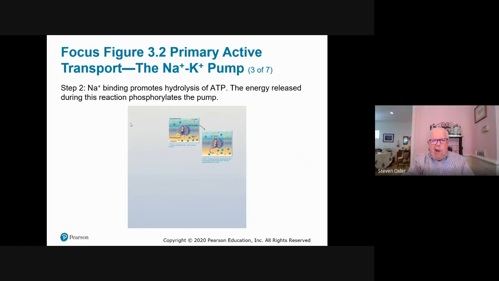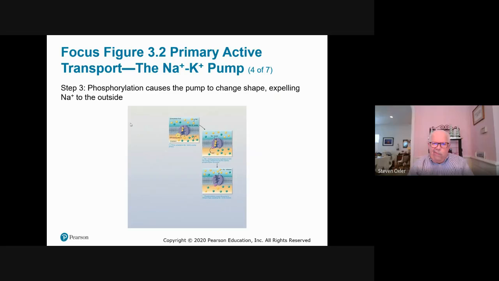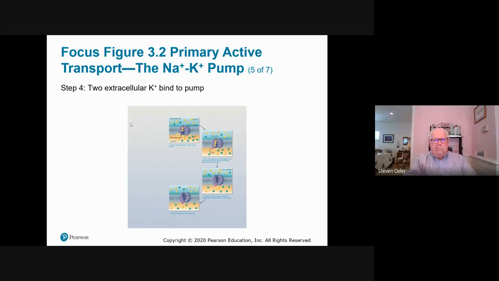The sodium binding promotes the hydrolysis of ATP. Energy is released, and it adds a phosphate to the pump. The addition of phosphate causes the pump to change shape, expelling the sodium out of the cell.